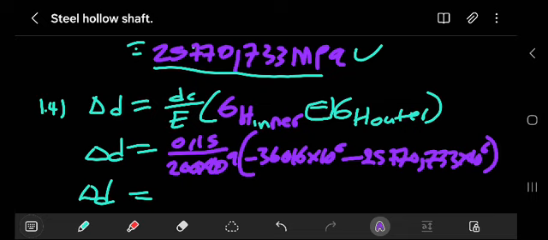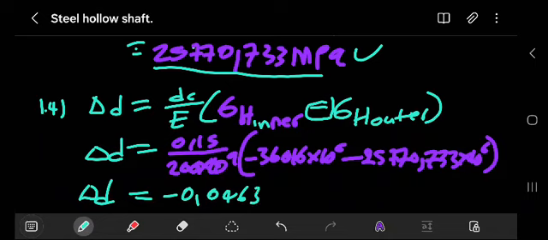Then this into that, all right, this shows that it's 0.0463.